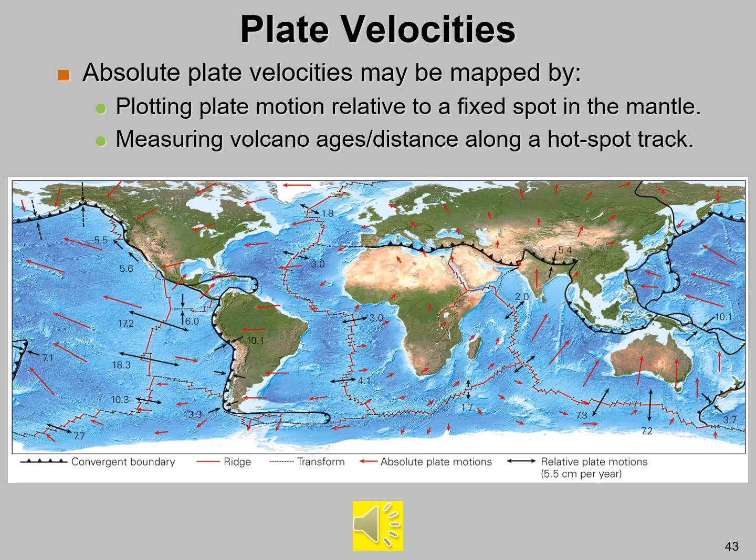Working with the calculations given in the book, motions on the Earth today occur at rates ranging from 1 to 15 centimeters per year.